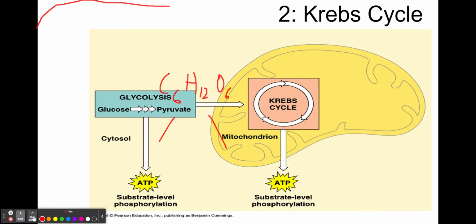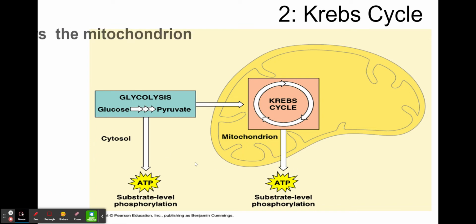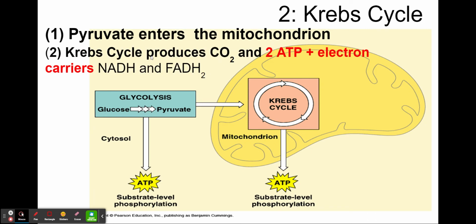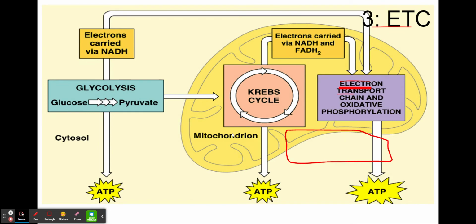All right, next, the Krebs cycle. The Krebs cycle is technically anaerobic, however, it does require oxygen for some parts, just not in the same way. Thus, it's considered an aerobic step. The Krebs cycle also produces 2 ATP. Pyruvate enters the mitochondria and it produces 2 ATP and the electron carriers, which will basically help move the electrons through the next step, which is the electron transport chain.